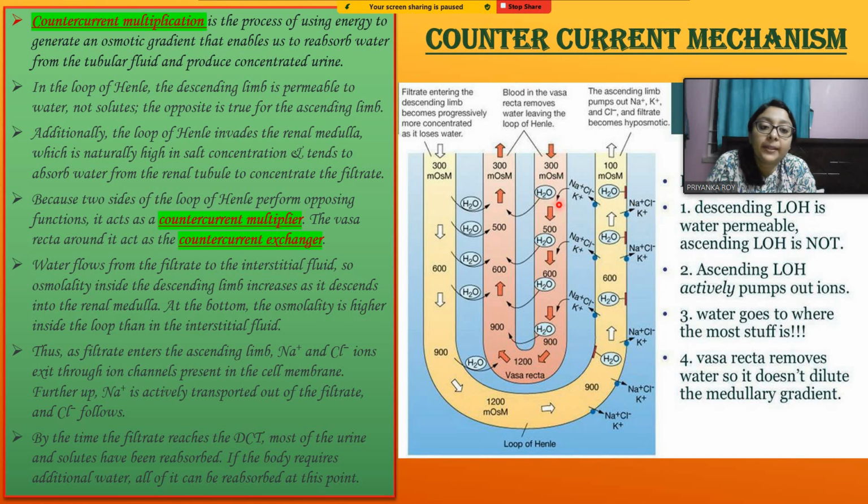When it is coming down, it becomes concentrated because it is getting ions from this side of the loop of Henle. So the ascending limb is pumping out sodium, potassium, chloride, and the filtrate becomes hypoosmotic. It is becoming dilute. This happens because there is differential permeability of the two limbs of the loop of Henle.